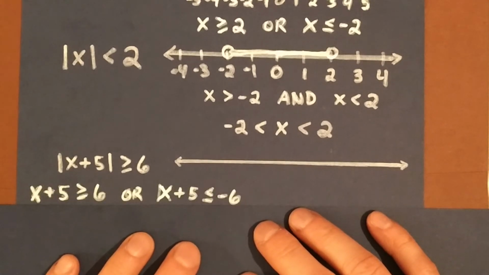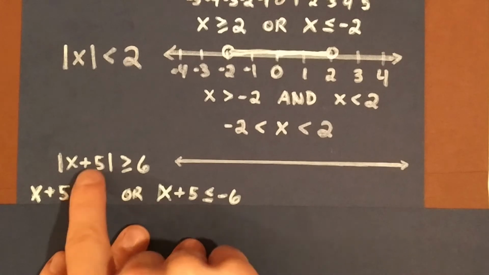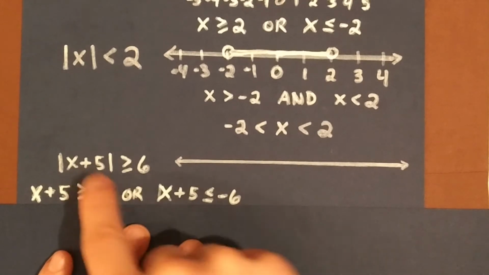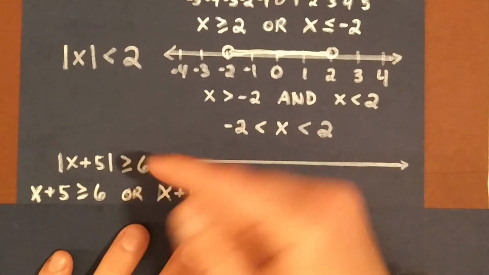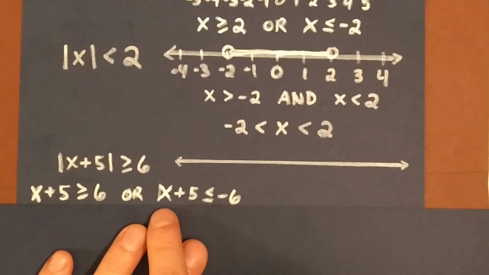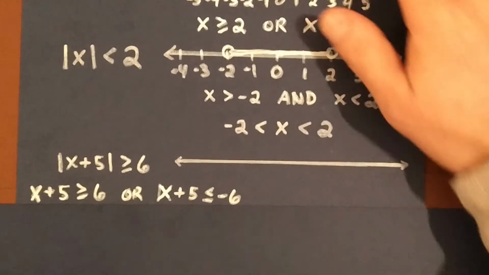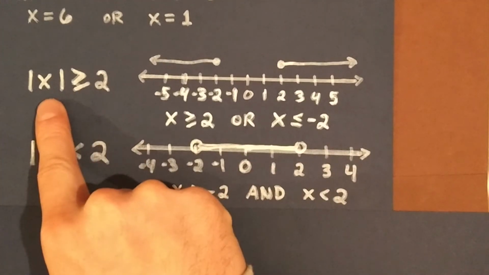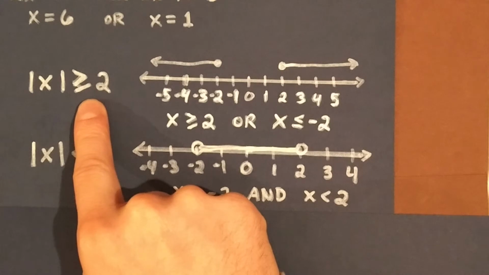So this gives us two possibilities. The thing that's inside the absolute value could be greater than or equal to 6, in other words, to the right of 6, or it could be anything to the left of negative 6, like in our example with negative 2. The absolute value is greater than 2.